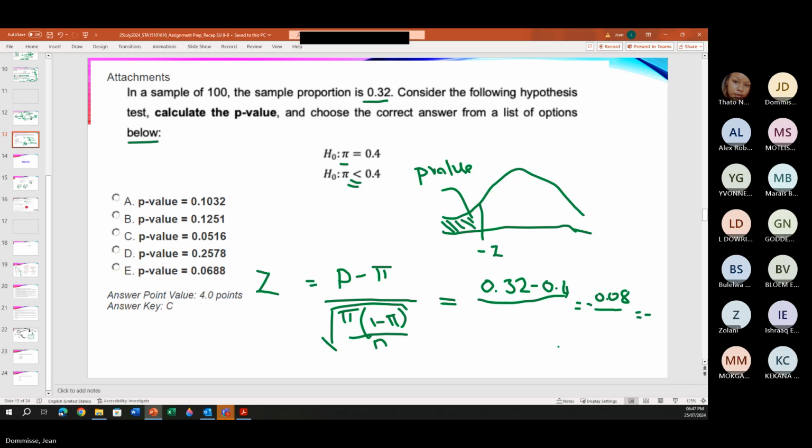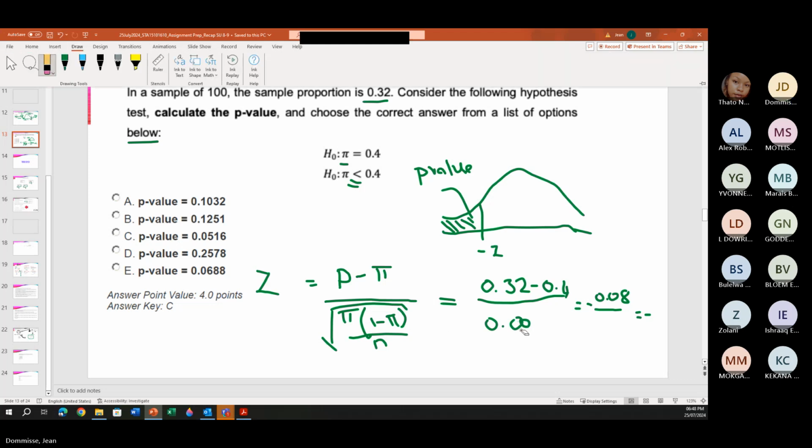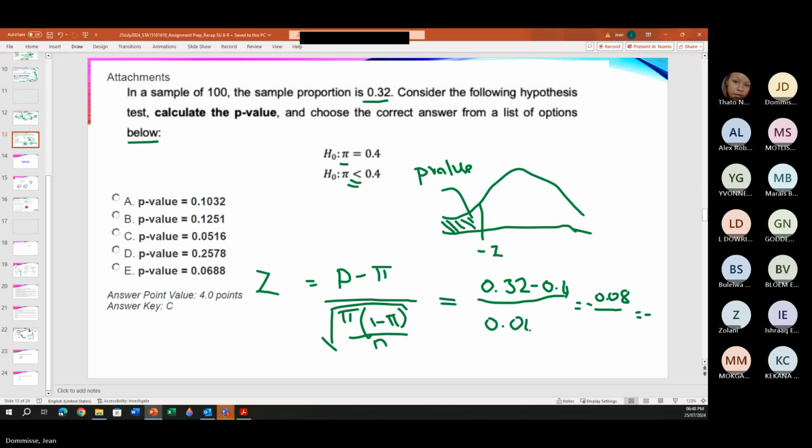Let's just see what we are dividing it by. So 0.4 times 0.6 is 0.24 divided by sample of 100. And the square root of that, 0,00, sorry, 0,049.